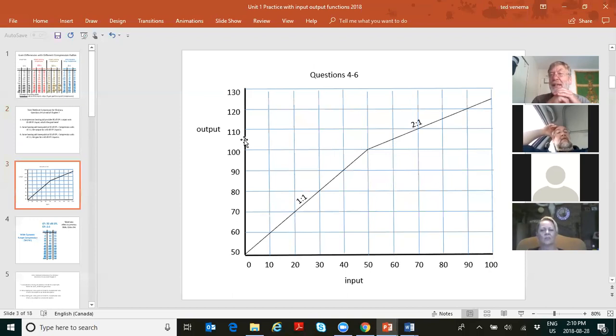If 60 is coming in and 105 is coming out, what's the difference? 105 minus 60 is 45. So my gain is no longer 50 like it was for all of these inputs. Now it's 45. Let's go to 70. If 70 is coming in, 110 is coming out. What's my gain now?